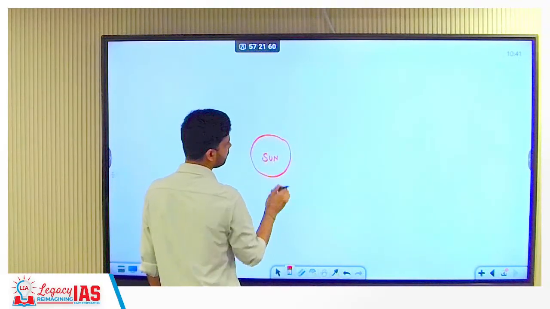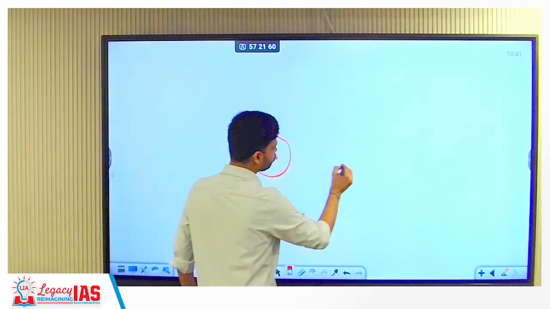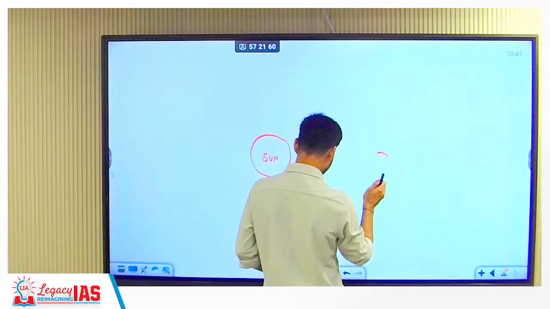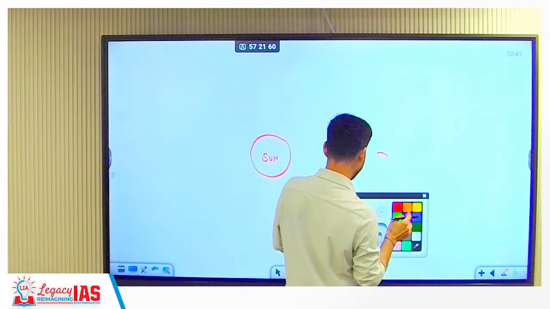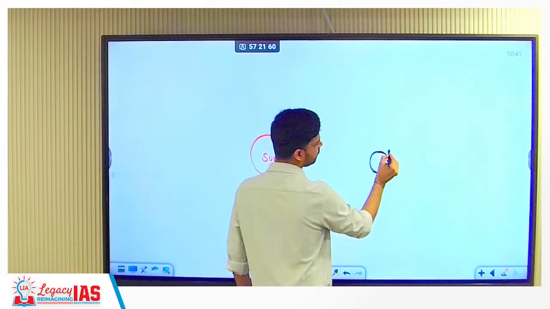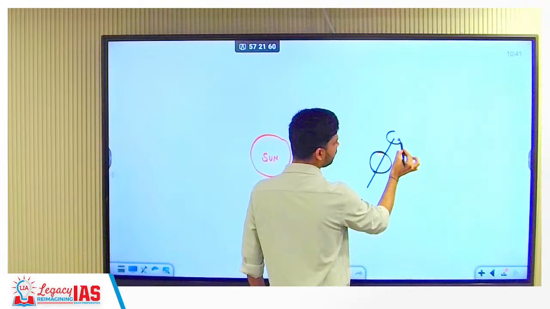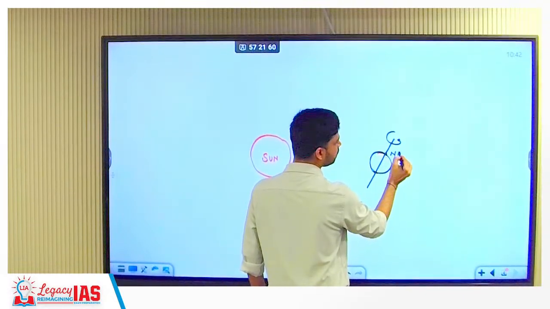The sun is there, and Earth is revolving around the sun as we have seen. So suppose that now Earth is at this particular place. This is the Earth, and this is the axis of rotation as we have seen. So this is the North Pole.